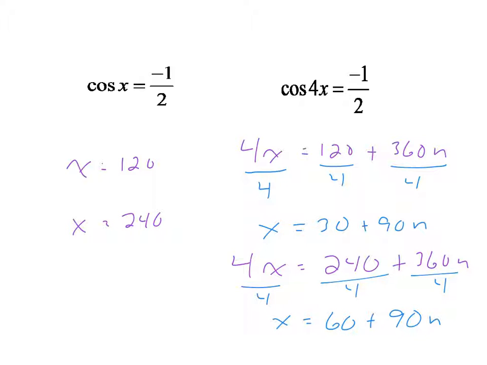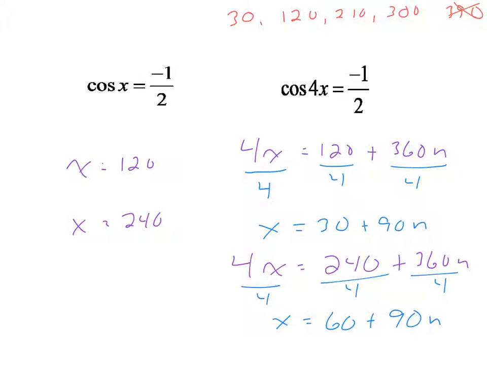So my answers, I'll write these up top in red. My answers up here are going to be 30 plus 90 is 120, plus 90 is 210, plus 90 is 300. If I added the 90 one more time, I'd be at 390, and that's too far. I don't want to go beyond 360, so get rid of that one.